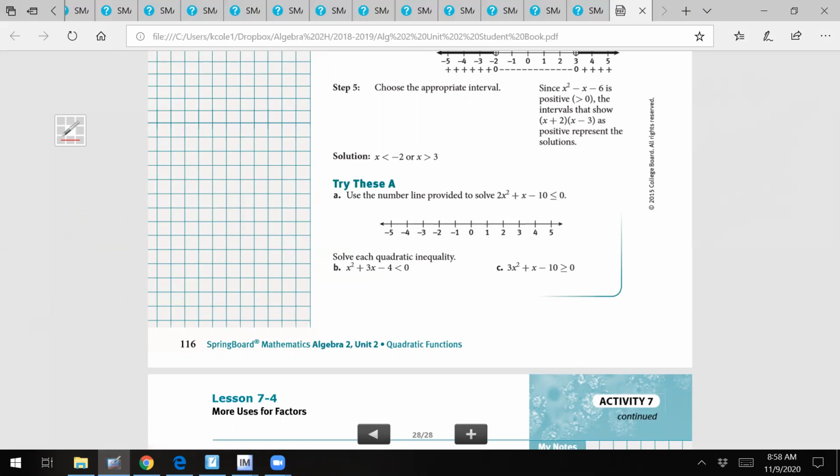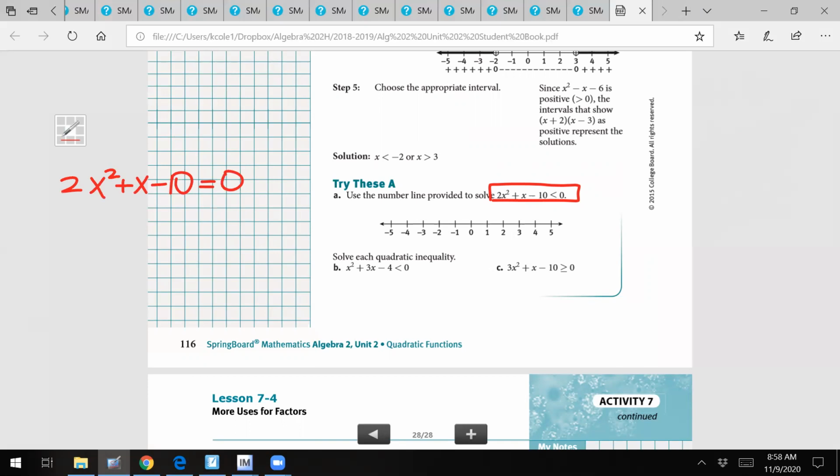So if we look at this, they want us to find the solutions for 2x squared plus x minus 10, okay? Now, I'm going to bring that over here. But first of all, I'm going to set it equal to 0.